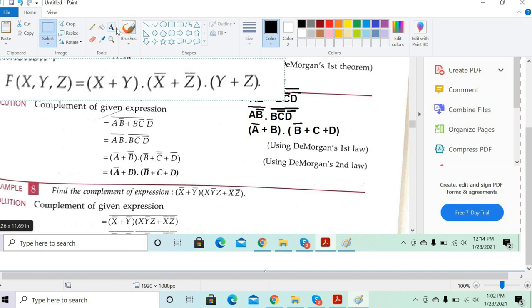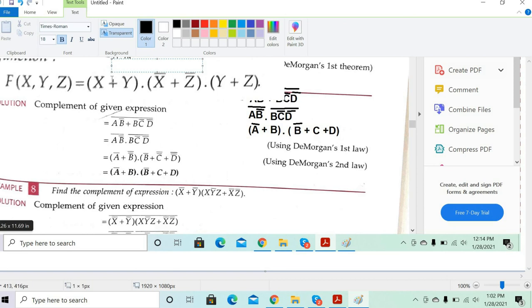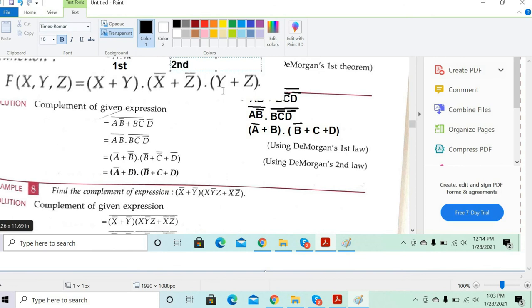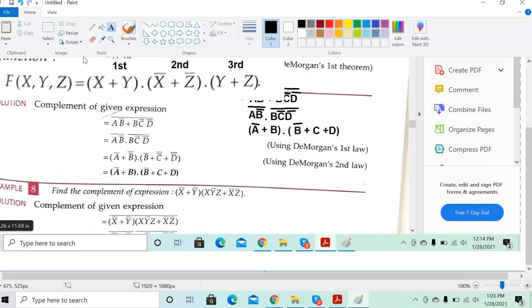So three terms are there, correct? Basically you need the first term AND gate with the second term and AND gate with the third term, right? So first dot second dot third.